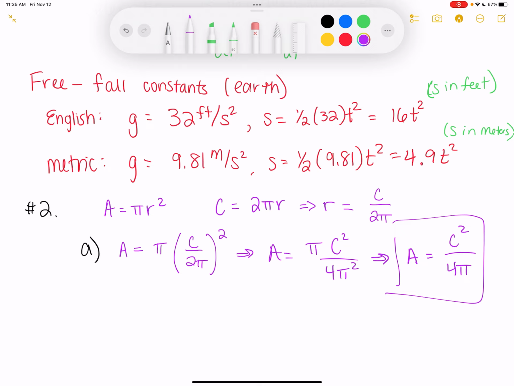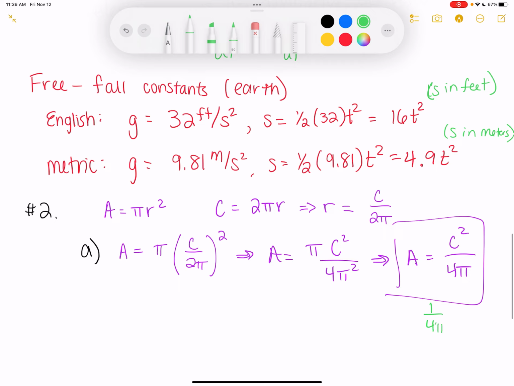Just to make your life easier for the following stuff, sometimes it can also be nice to write this as 1 over 4 pi times c squared, because in a minute we're going to have to take the derivative of it. That way it's already nicely laid out for you. You don't have to rewrite it that way, but sometimes it helps to see it.